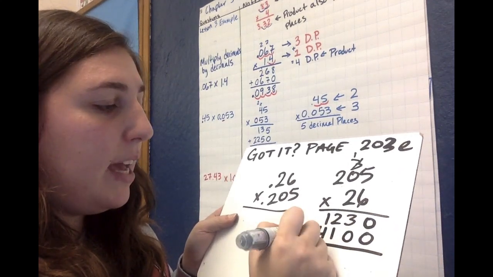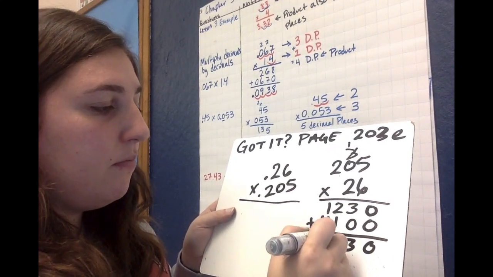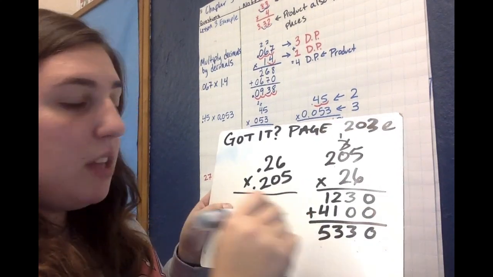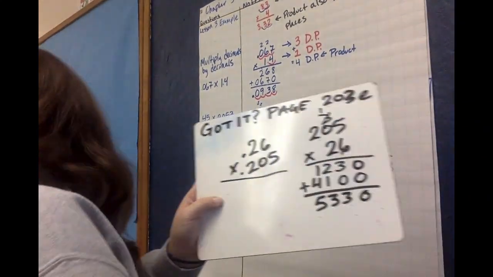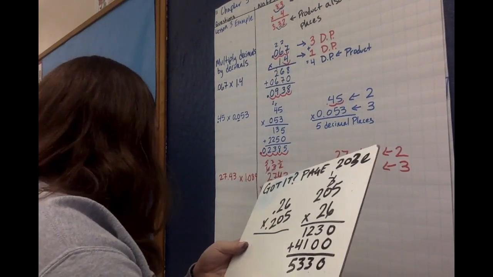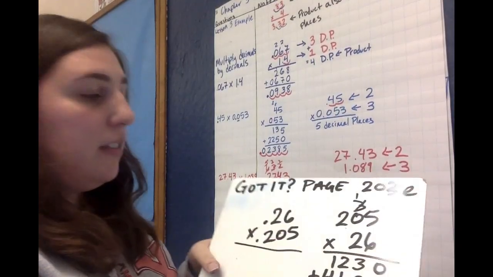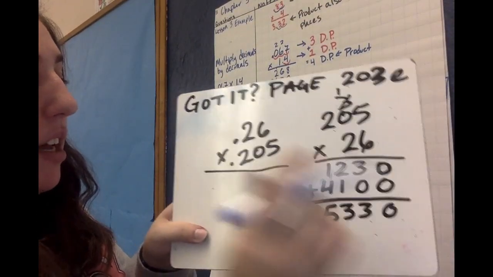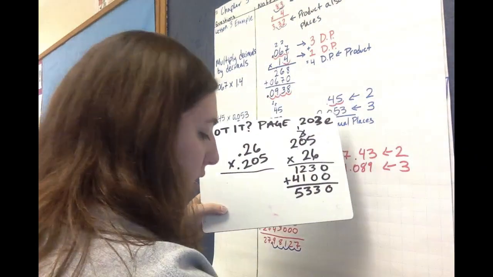Okay, so now I'm going to add. Okay, so that's my answer. Now I'm going to look back over here and I'm going to see. So let me grab another colored marker. Okay, so let's check how many decimal places this number has.